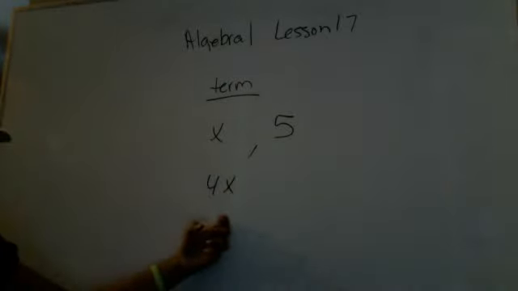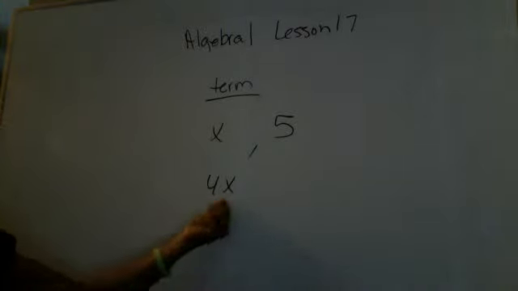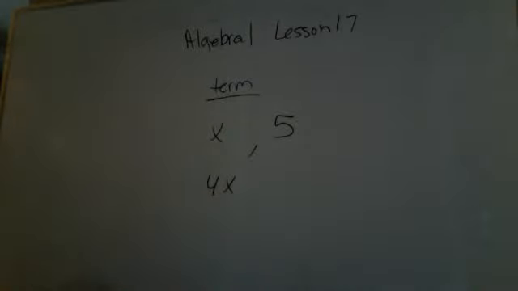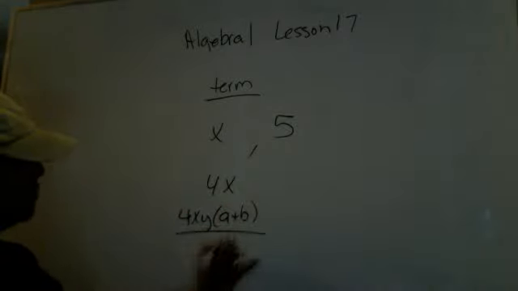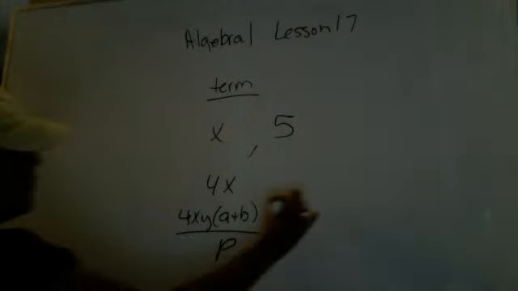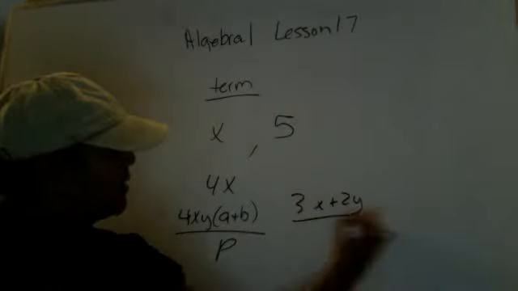This is where terms and definitions are very important that you need to learn. So the product of a constant and a variable, or the quotient. Quotient means division, right? We can also use 4xy times a plus b over p, and 3x plus 2y over p.